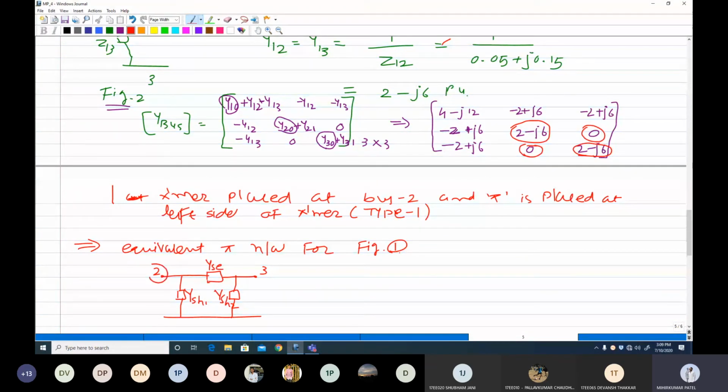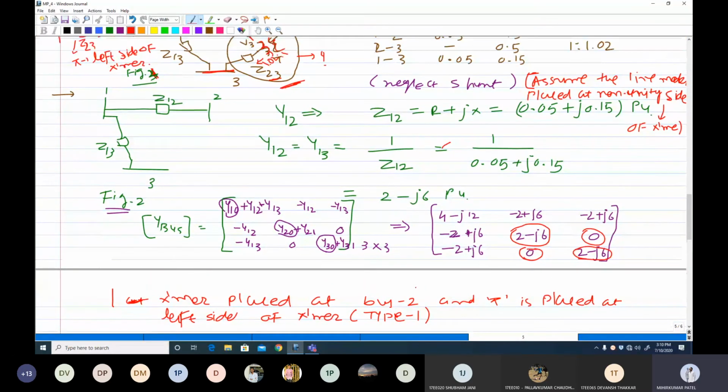So our transformer is placed over here. So just help me to calculate the value of Y23. What is the value of Y23?